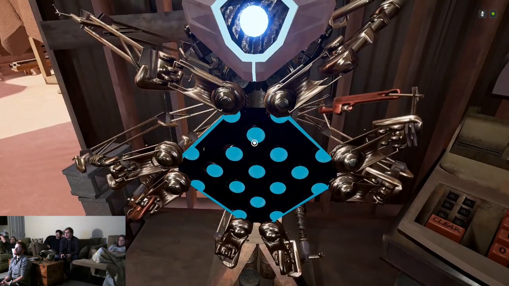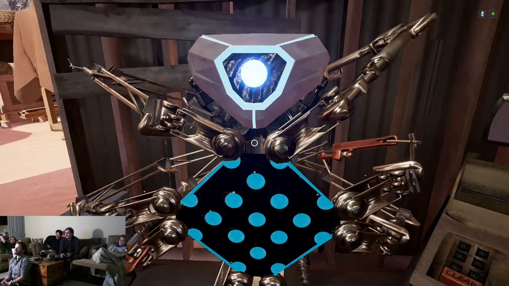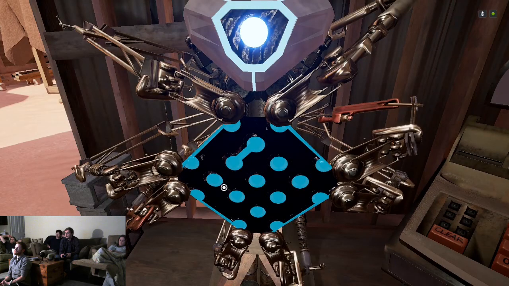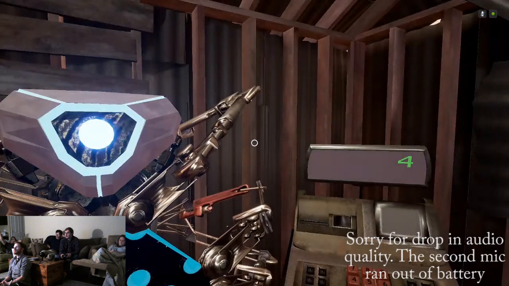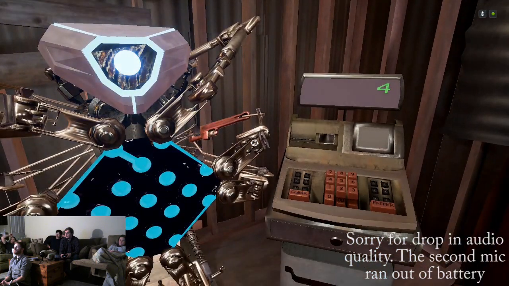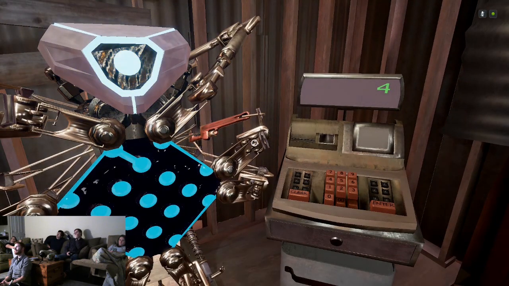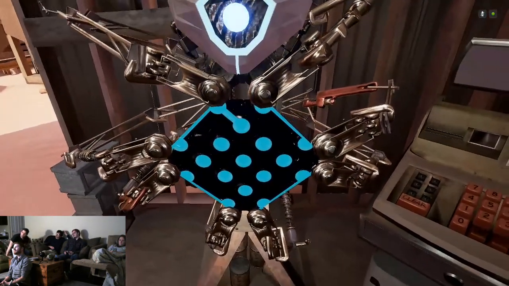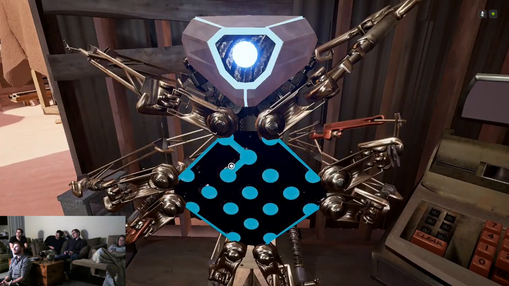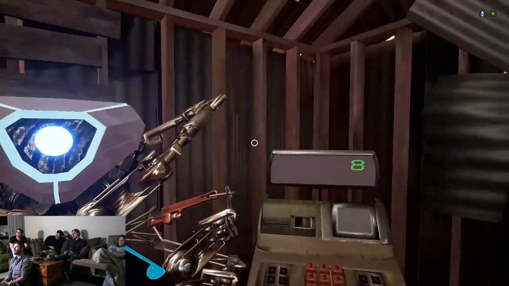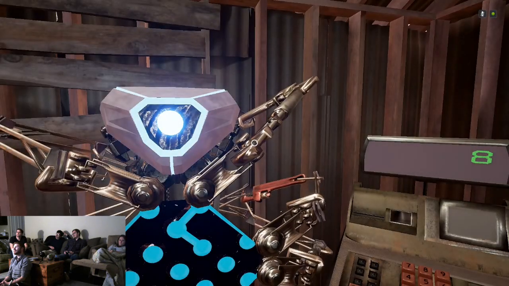Okay, so put something in. Just anything? Yeah, just something quick. Okay, so now press his face. 4. But then it changes it to 4. So clear that. 8 is bad.